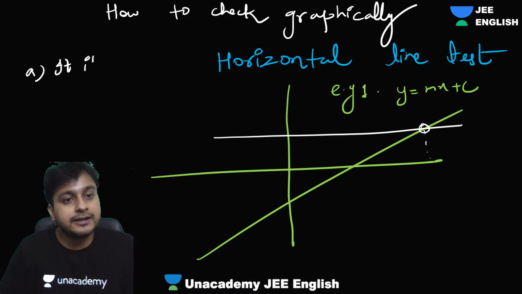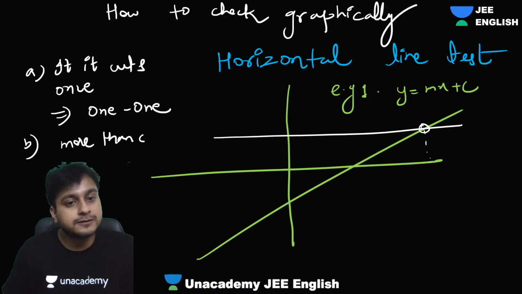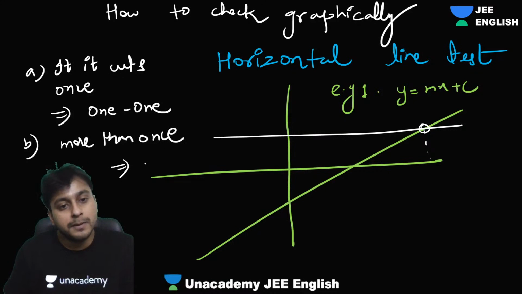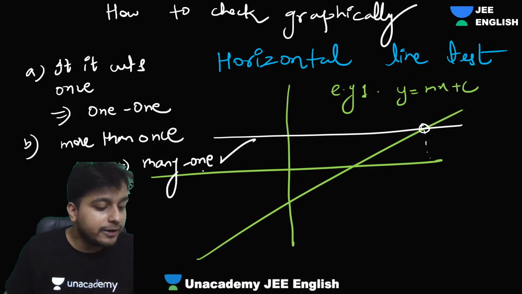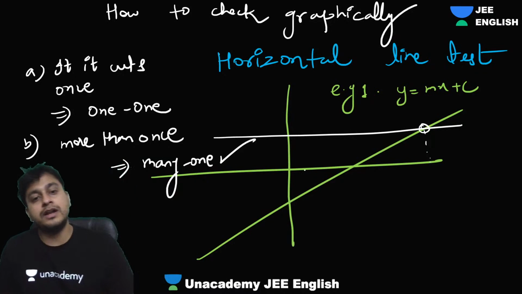If it cuts once, it implies one-one. If it cuts more than once, it will be a many one function. Clear, everyone? If it is cutting once, it will be one-one. Otherwise it will be many one.